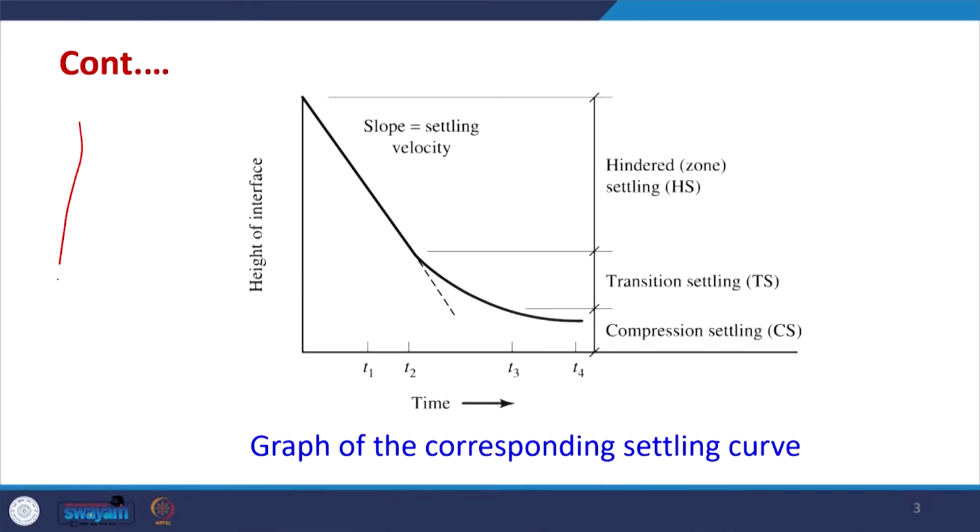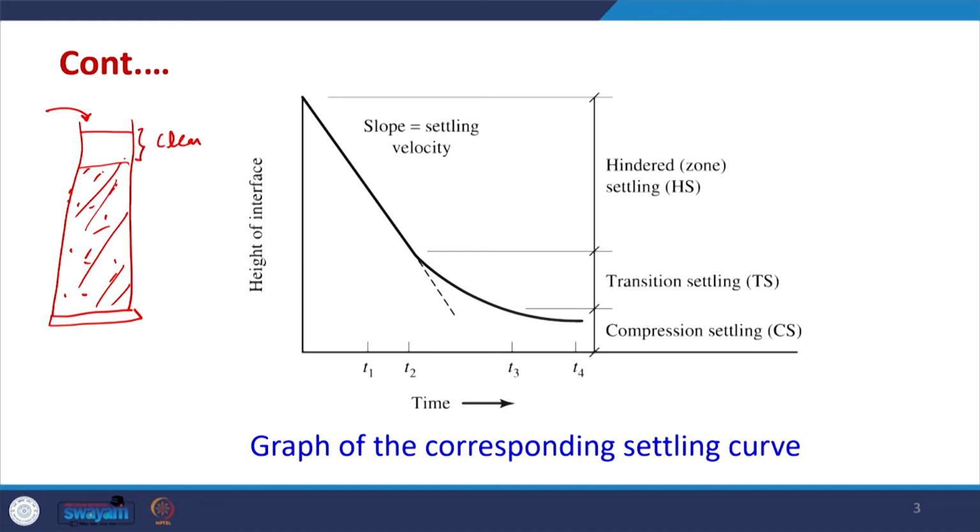So in the column, we add water which contains a high concentration slurry, and as soon as it gets mixed we start measuring time. The settling zone will contain all the solids, but the upper zone will be a clear zone, and we measure the height of this clear zone with respect to time.